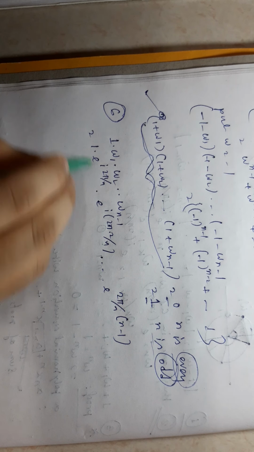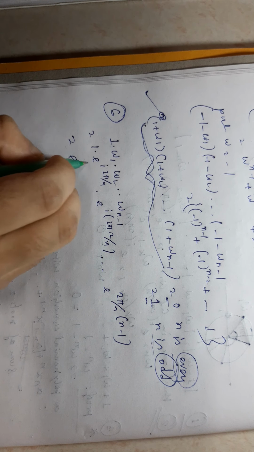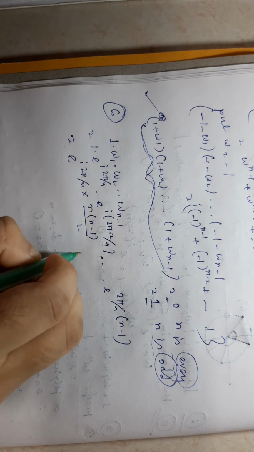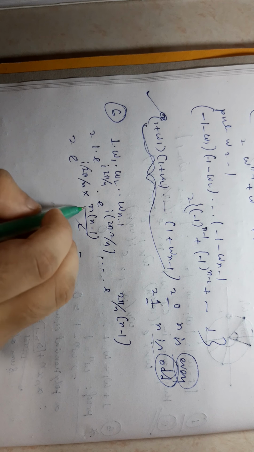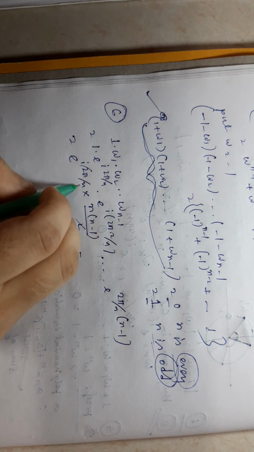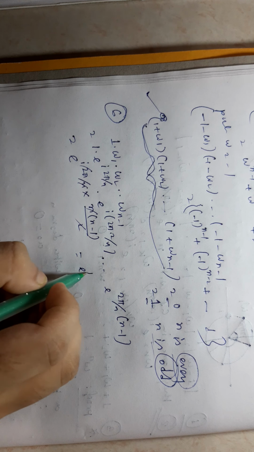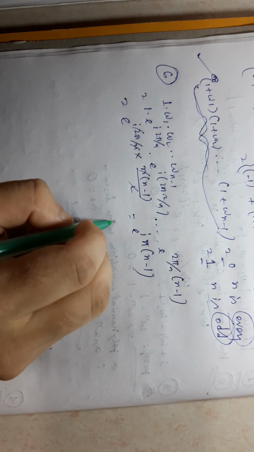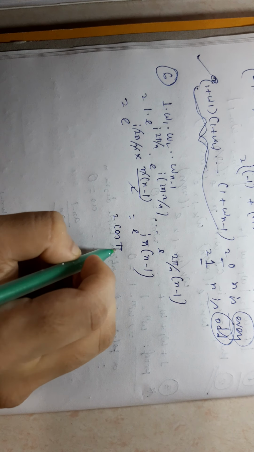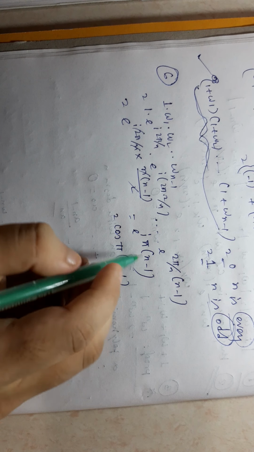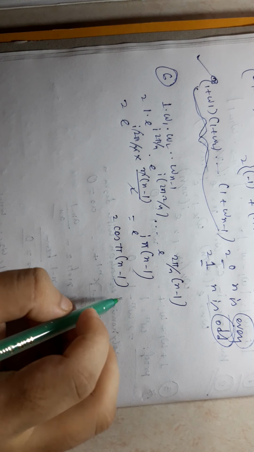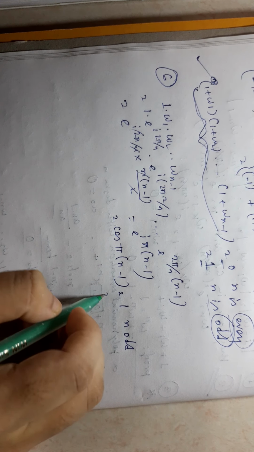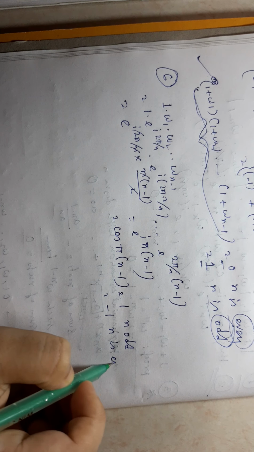If you simplify it, you will get e to the power i 2 pi by n into n minus 1 by 2, and the n cancels out, so it is nothing but e to the power i pi into n minus 1. This is cos pi (n minus 1) plus i sin pi (n minus 1), and this will be 1 if n is odd, and it will be minus 1 if n is even.